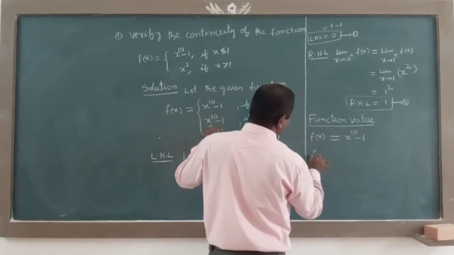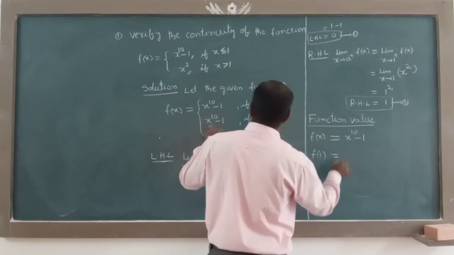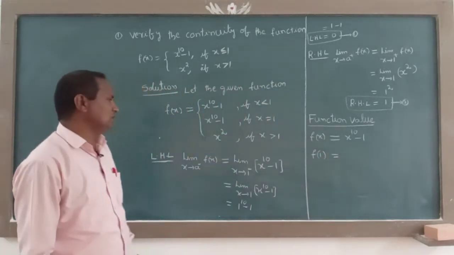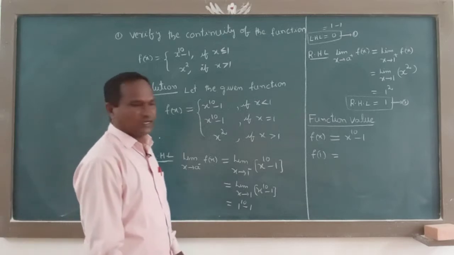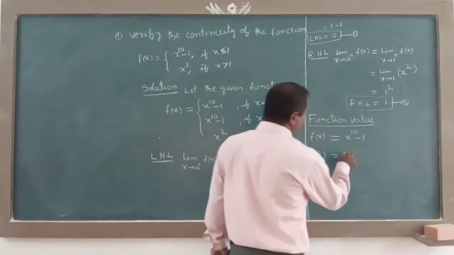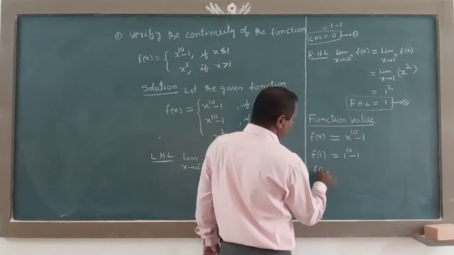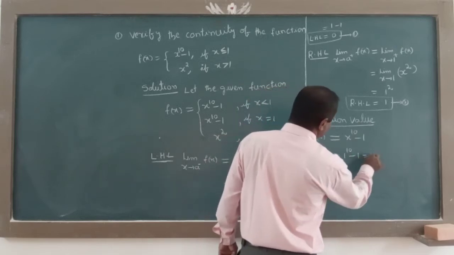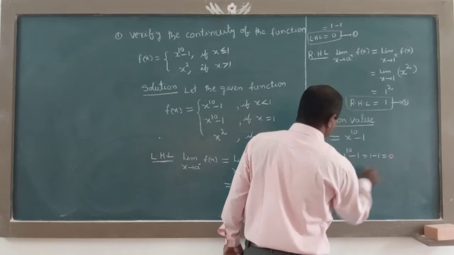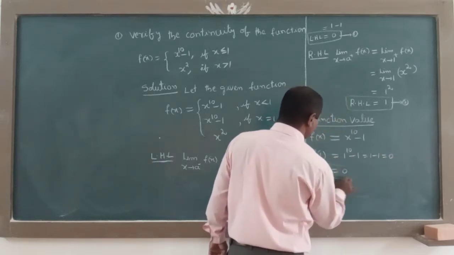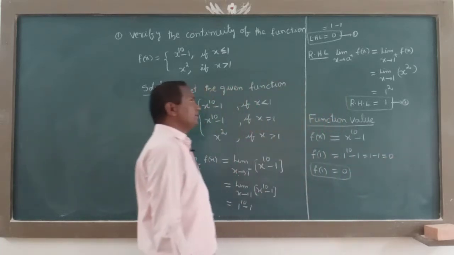That is f of 1, exact x equal to 1. In that given function, we must put 1 here: 1 power 10 minus 1. f of 1 is equal to 1 minus 1, which is 0 here. That's what we can observe.